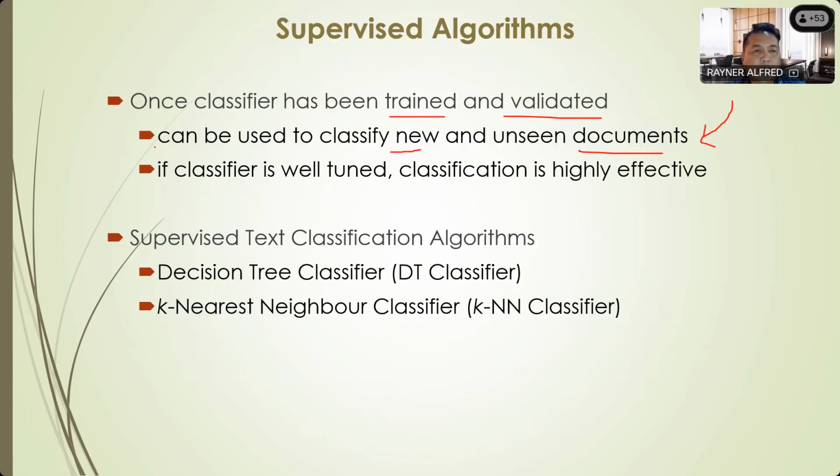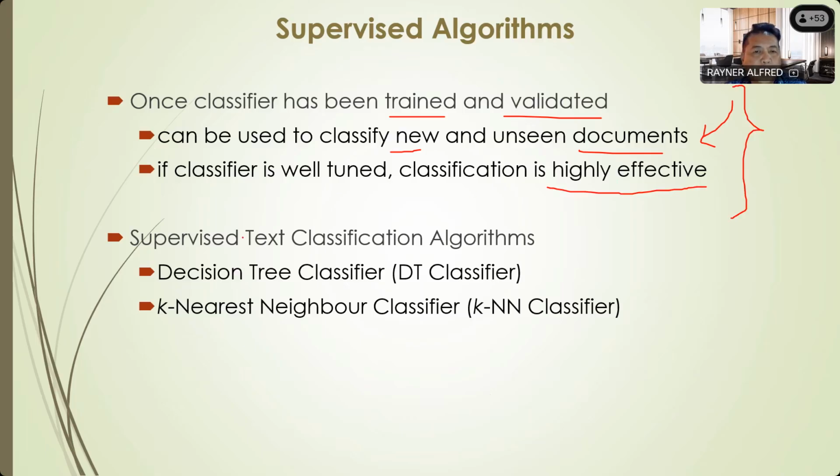And if we have a highly well-tuned classifier, then you will have a very effective classifier. So the key area here is that we need a very good training data set, and we also have to optimize the classifier.